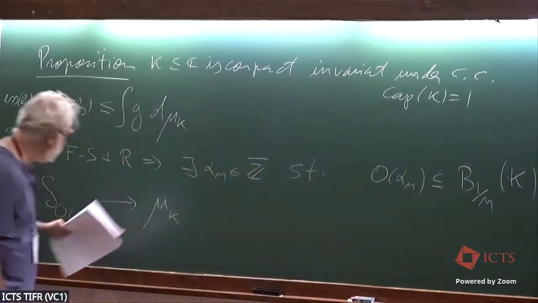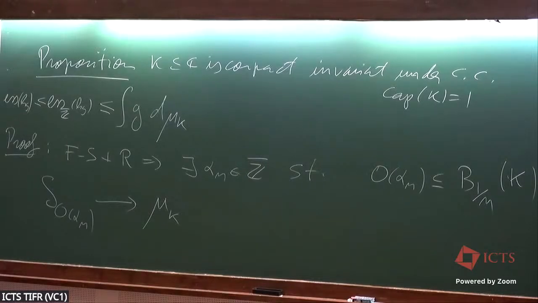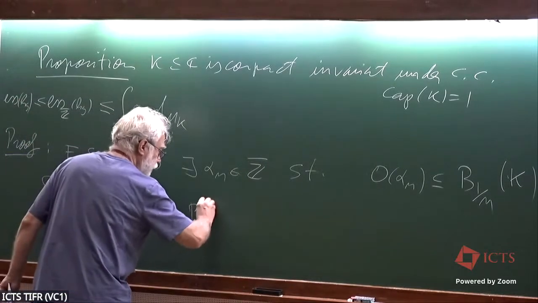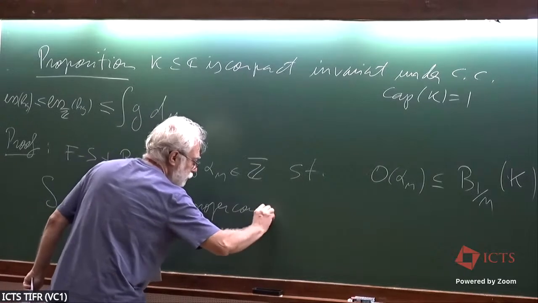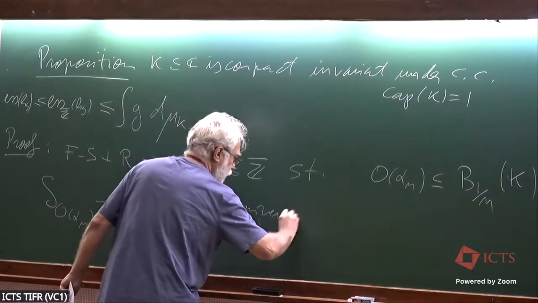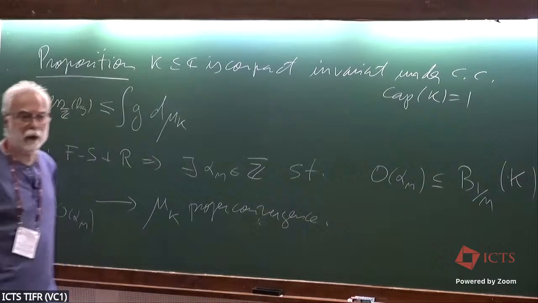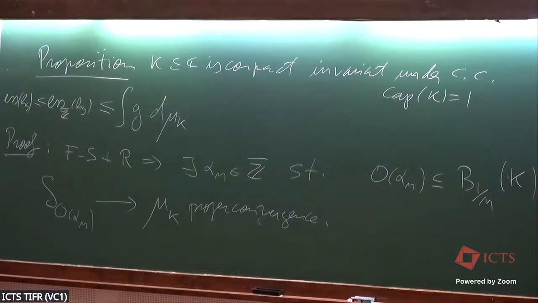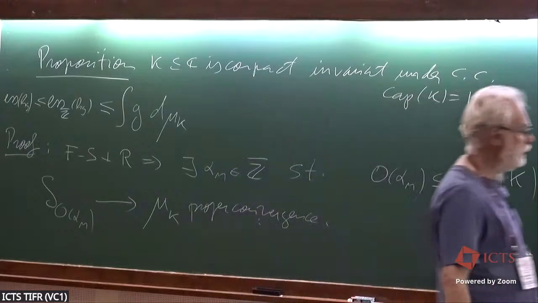So this convergence is not just weak convergence, but it's proper convergence. And proper convergence means that I get continuity with respect to integrals of any continuous function. So I don't need to ask my function to be compactly supported.